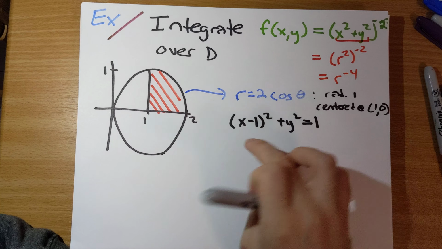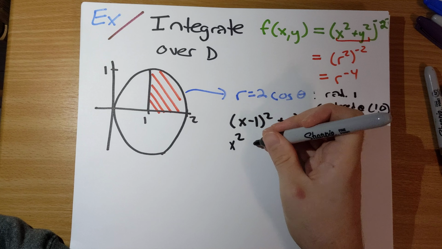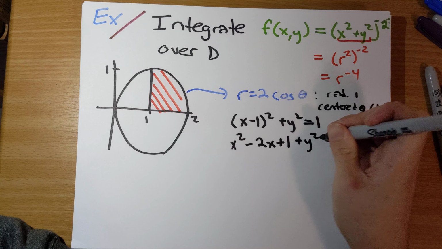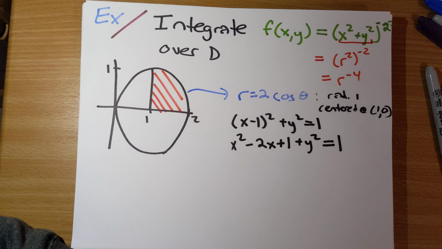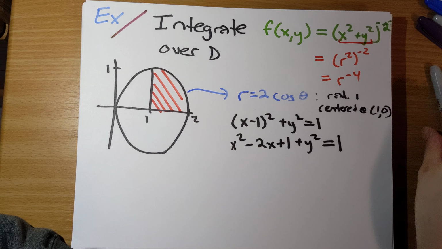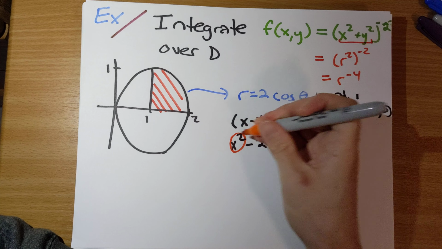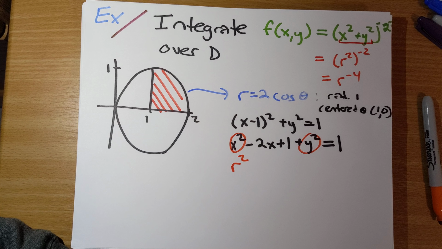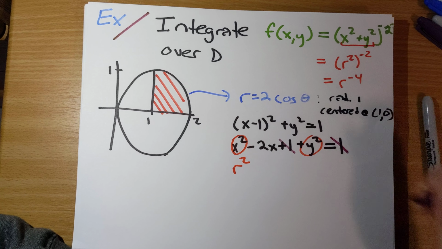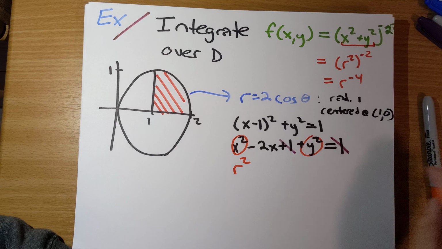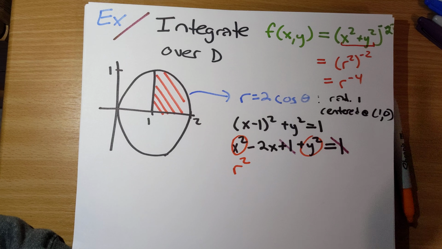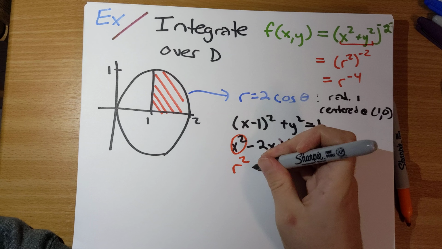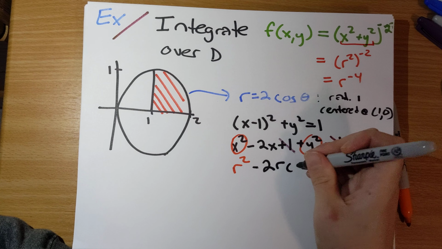If we expand this out, that gives us x squared minus 2x plus 1 plus y squared equals 1. Now we convert to polar coordinates. Well, x squared plus y squared is r squared, and those 1's cancel, and x is r cosine theta.